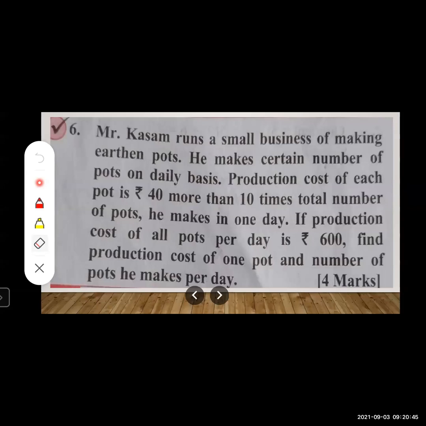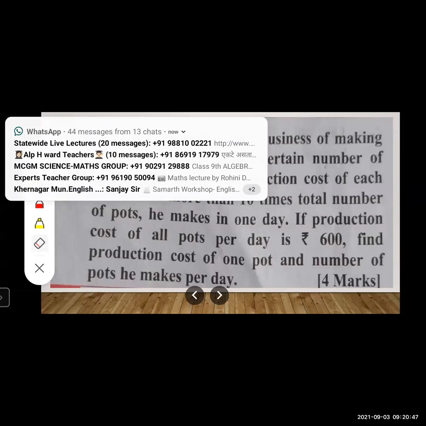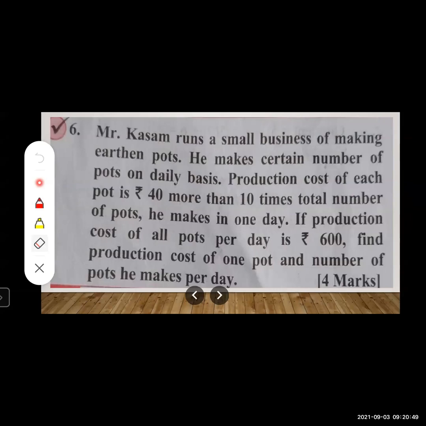Production cost of each pot is rupees 40 more than 10 times the total number of pots he makes in one day. If the production cost of all pots per day is 600 rupees, find the production cost of one pot and the number of pots he makes per day.